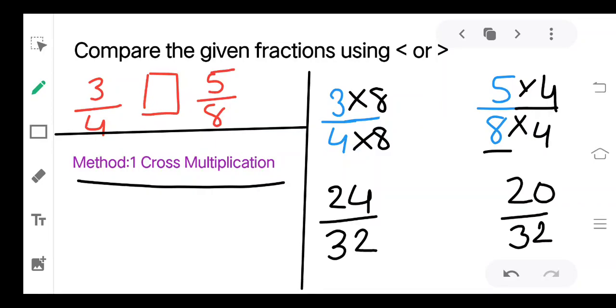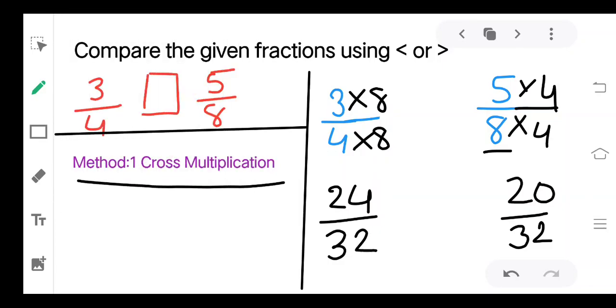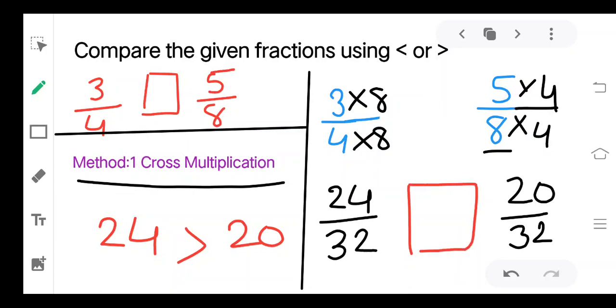Now students, you can see that the denominators of both fractions are the same. Now we can easily compare them. You can see 24 and 20, 24 is greater than 20. So this is the answer. I hope your concept is completely clear.